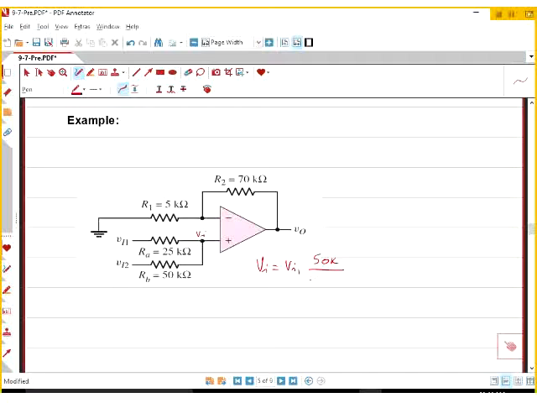So it's a voltage divider: 50K over 50K plus 25K. Plus VI2, now you assume VI1 is grounded, multiply 25 and summation.